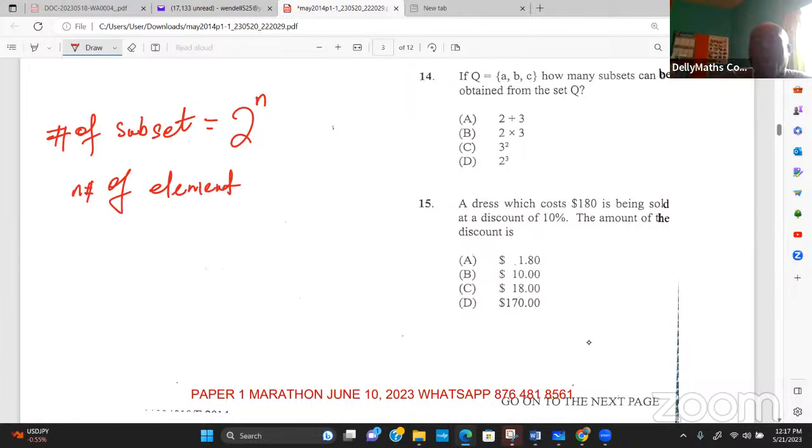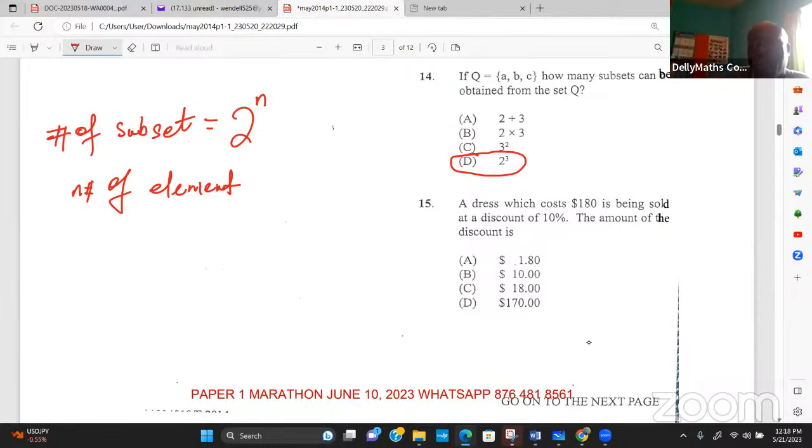So if I want to know all the various sets I could make, you raise 2 to the number of elements. So it's 2 to the 3 right now. That means we would be able to get 8 different sets using this.